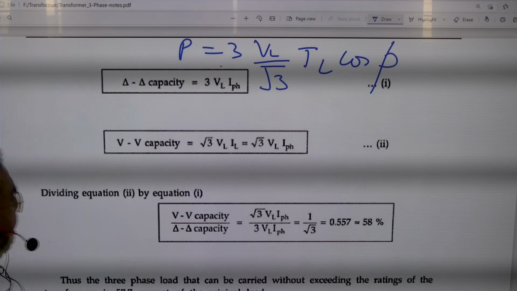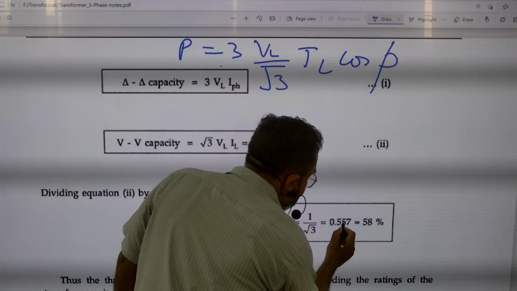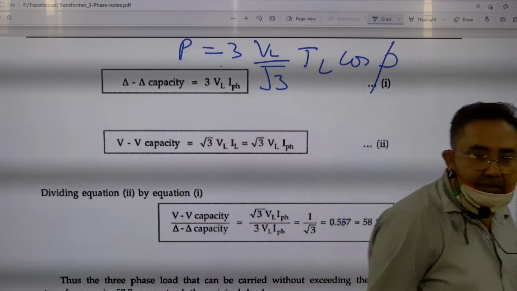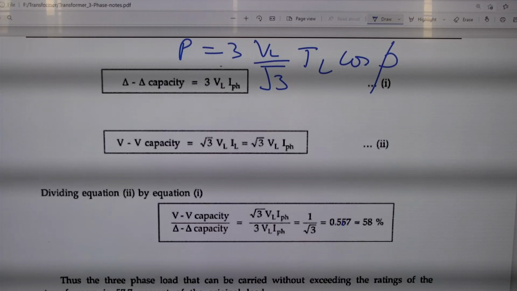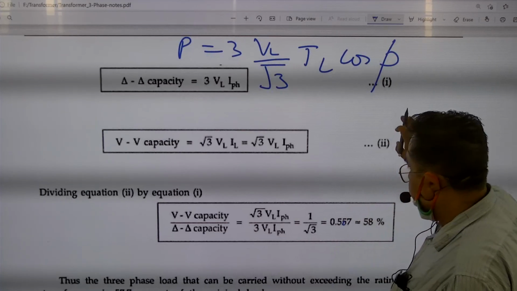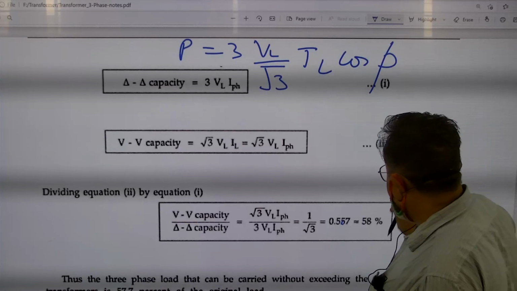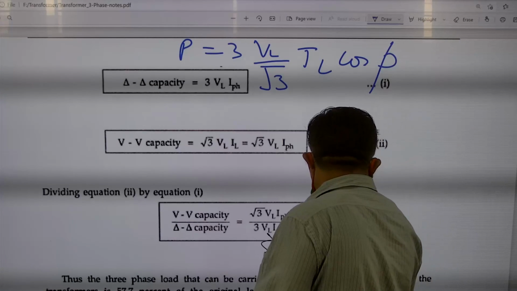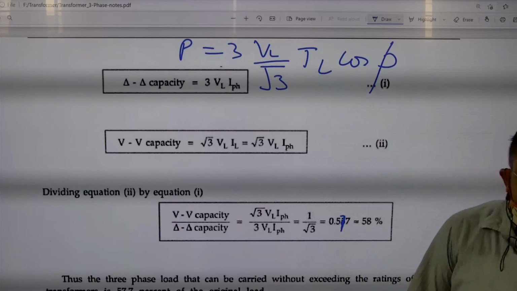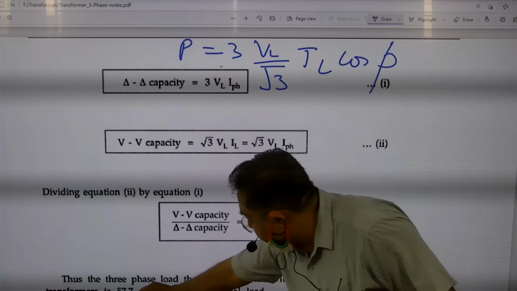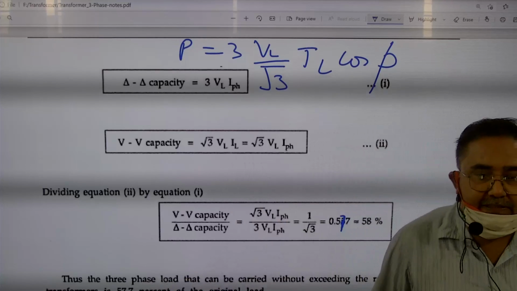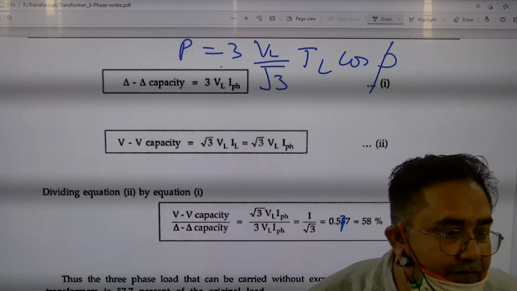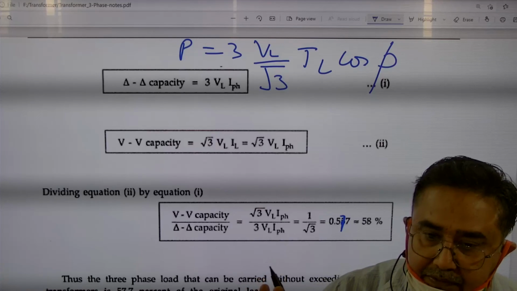It is 57.7, correction. So it is 57.7, approximately 58%. You got my point? Mathematically it is clear.